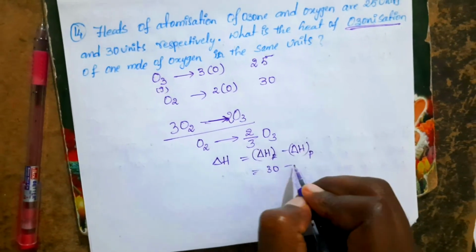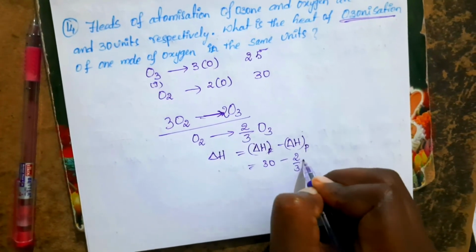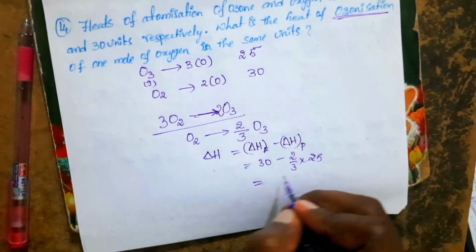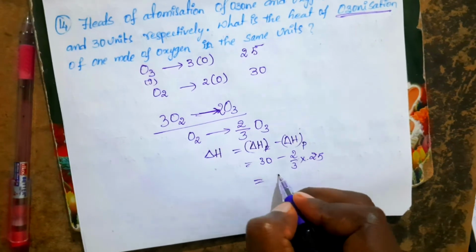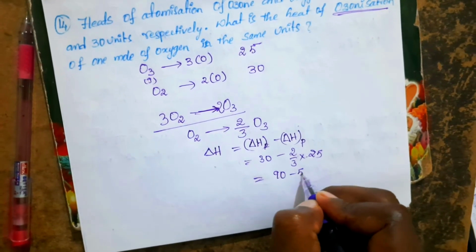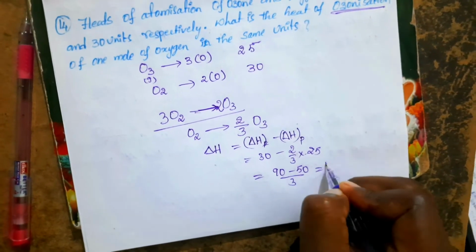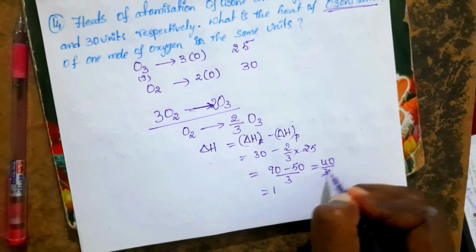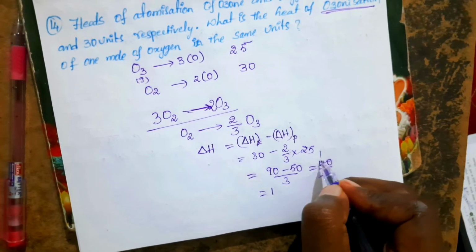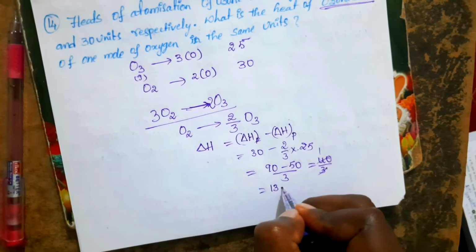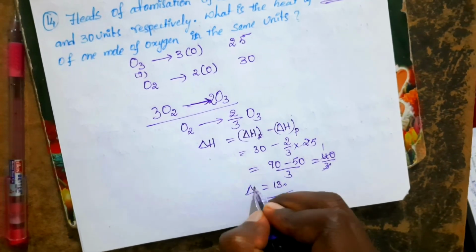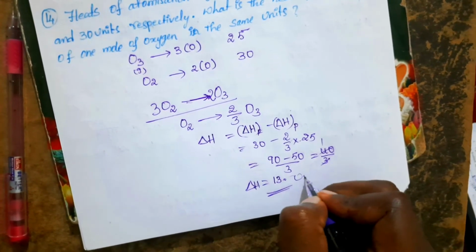Products will be what? Ozone, that is 2 by 3 into ozone units, which is how much? 25. You do this calculation, you will get the answer as 90 minus 50 by 3, that is 40 by 3. How much will it be? 13 point something you will get. That is the enthalpy change in terms of units. Is that clear?